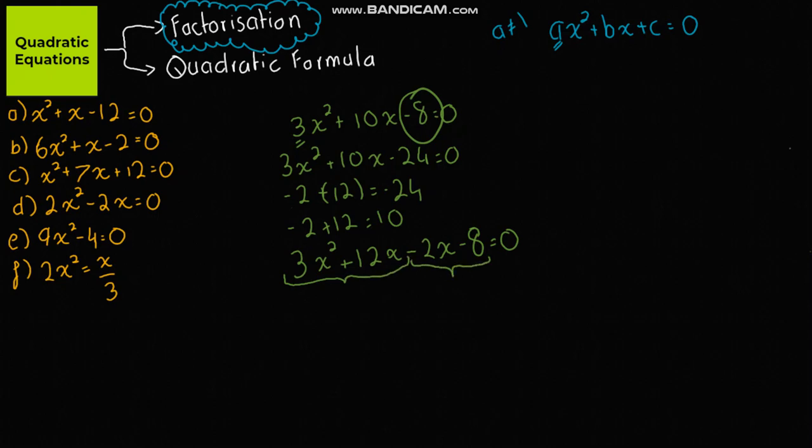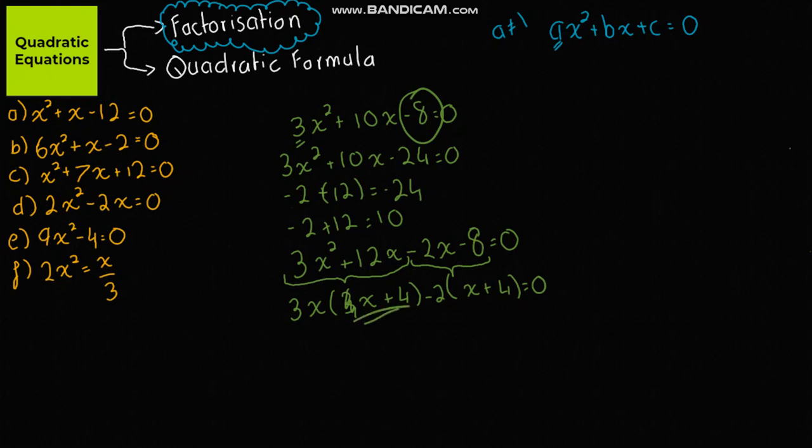One part of the equation, one side of the equation, which in this case is here, and another. We'll get 3x is the common factor in this part over here, 3x times x plus 4, and in this case the common factor is negative 2 times x plus 4.